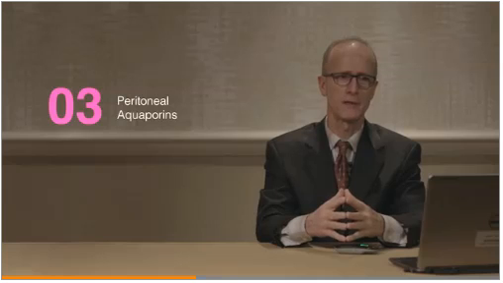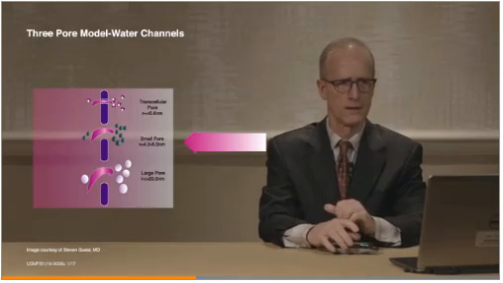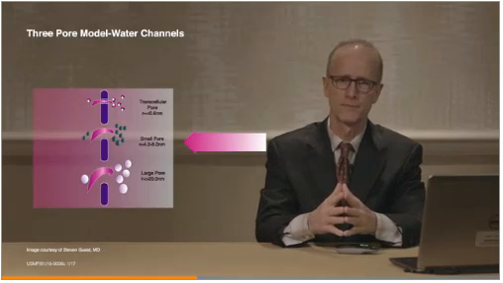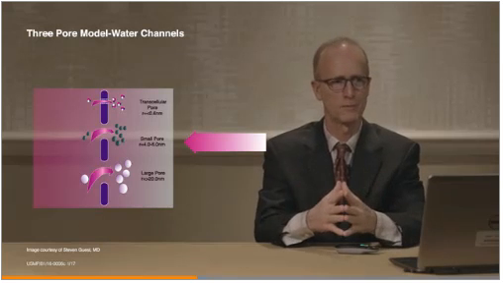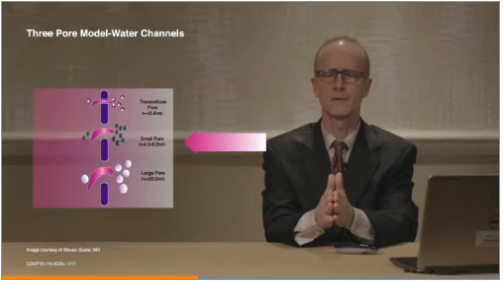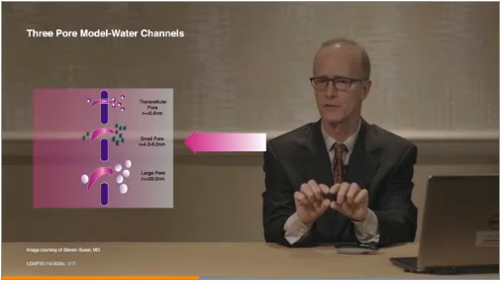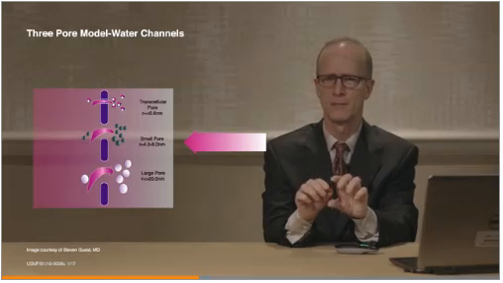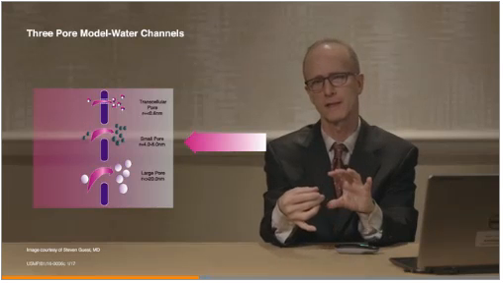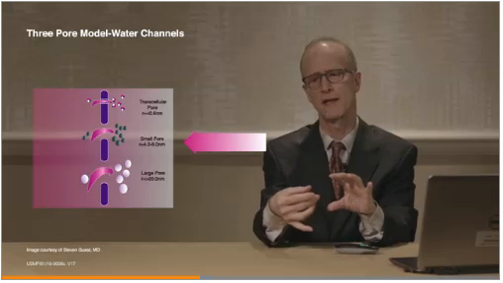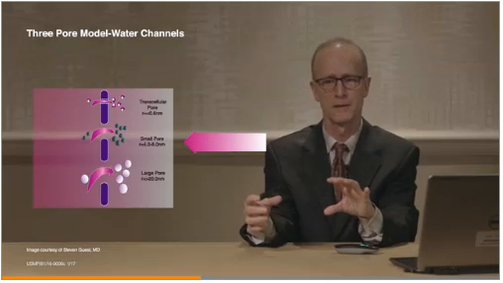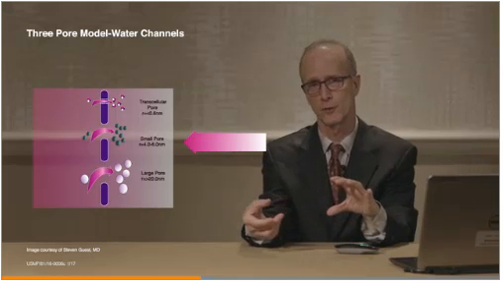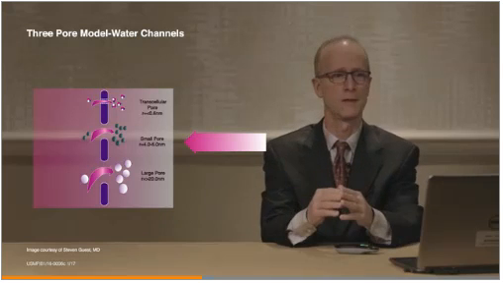In this chapter, we will review peritoneal aquaporins. The peritoneal capillaries have been modeled as having 3 pores, the so-called 3-pore model. They were modeled with the understanding that there must be larger pores, but not many, because a small amount of protein appears to move from the plasma into the dialysate. Protein being a larger molecule, it was implied there are larger pores, but not many.